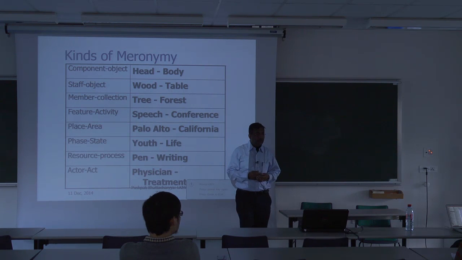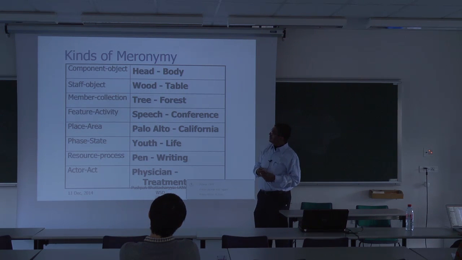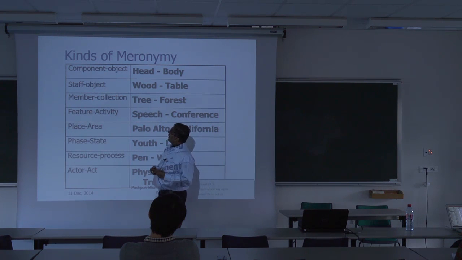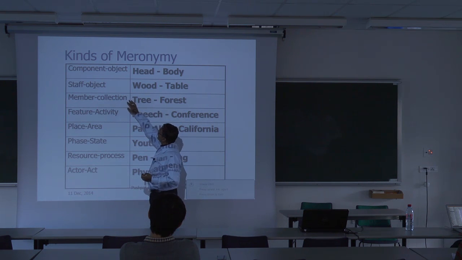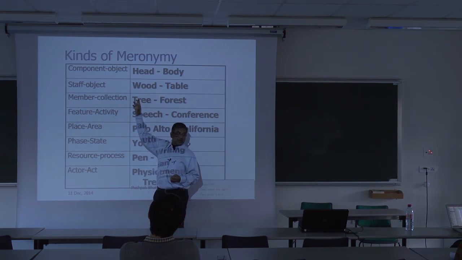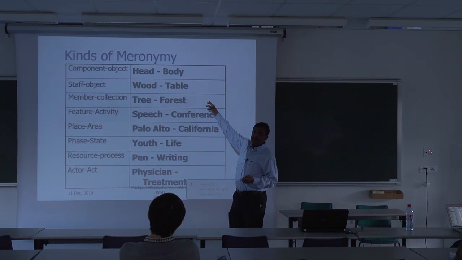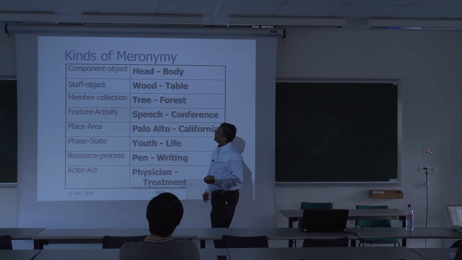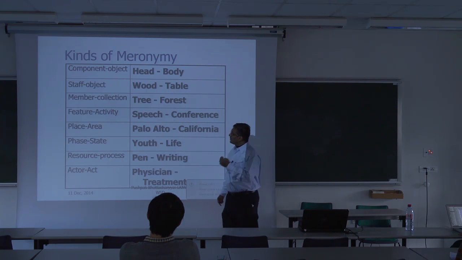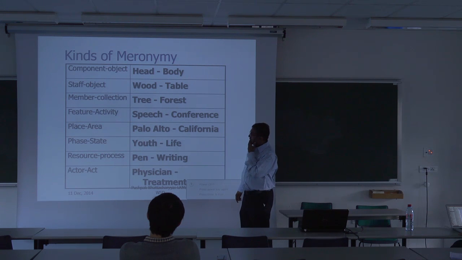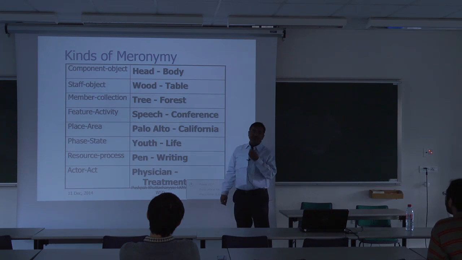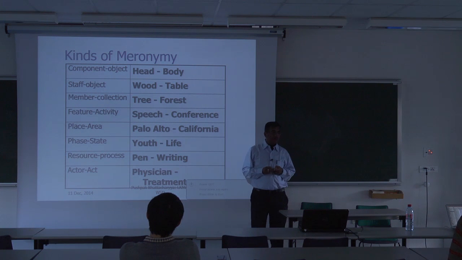What are the two different kinds for this example, handle, door and room? Handle is part of door. This is component object, and door part of room is place area maybe. So that's why you cannot say that door is located in the room.